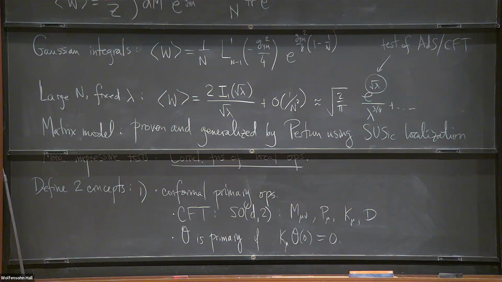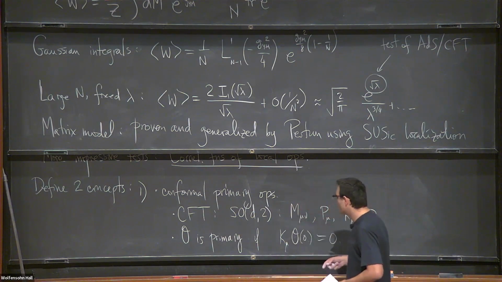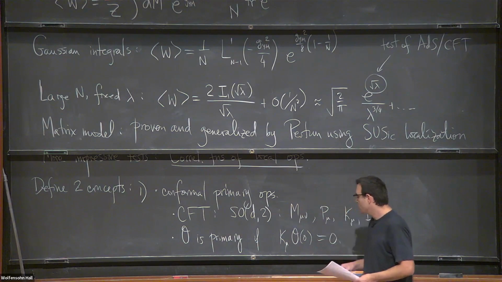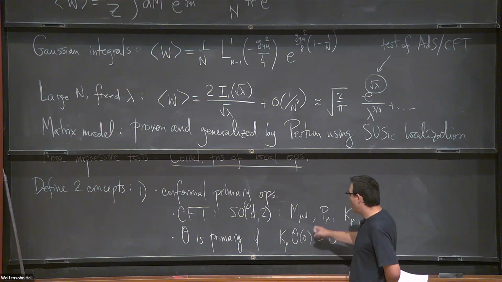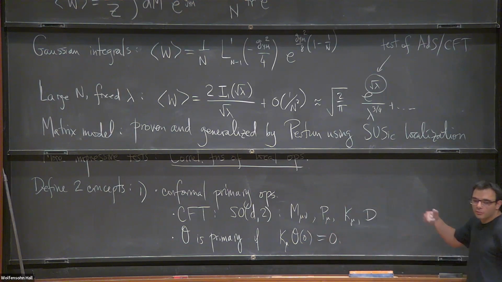So all the operators in the CFT transform in representations of SO(d,2), and this is a way to build the representations. First, figure out which operator, when placed at the origin, is annihilated by K. That's a primary, and all the other operators in the same multiplet are obtained from this operator by acting with a momentum generator, which means taking derivatives.